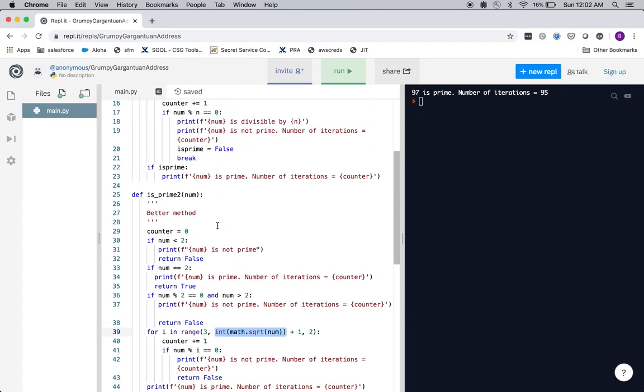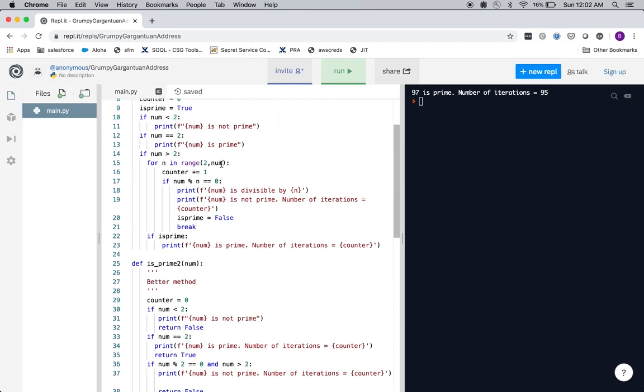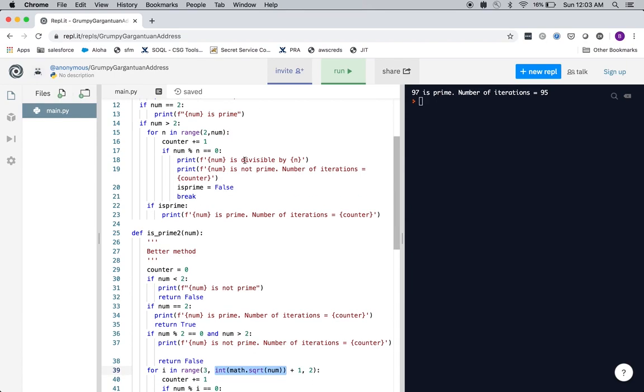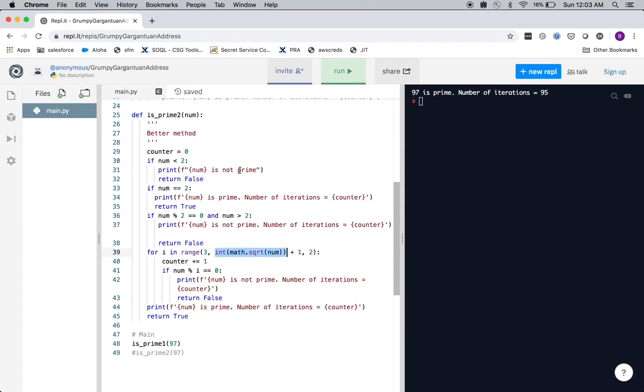In the first solution, we took numbers 2 through 96, and we checked each number. Like we did 97 mod 2, 97 mod 3, 97 mod 4. And similarly here, instead of going up to 96, we're only going up to the square root of 97. I don't know what that is.